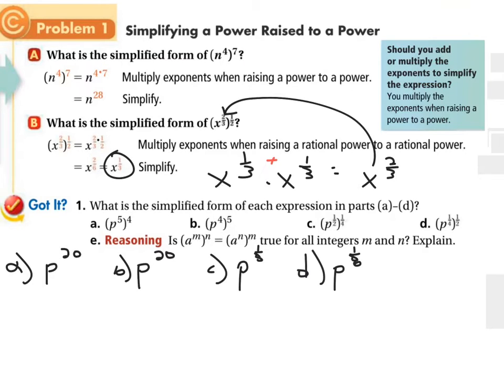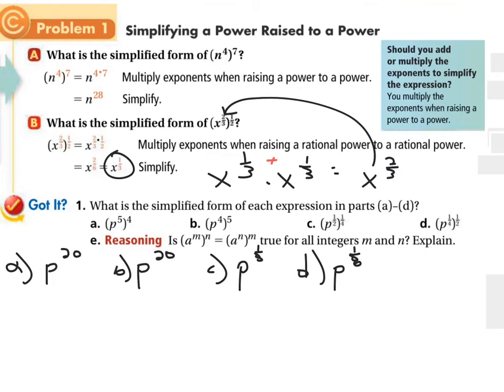So then what the question becomes down here is, is it true that if you had a to the m raised to the n, would that equal a to the n raised to the m? Basically, A and B go together to show that, and C and D go together. If you change the order of these, because of the commutative property of multiplication, you will still get the same number, 20, right?